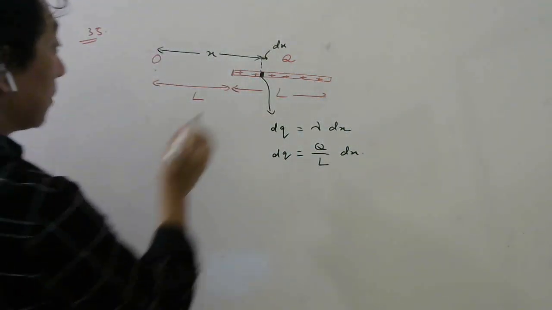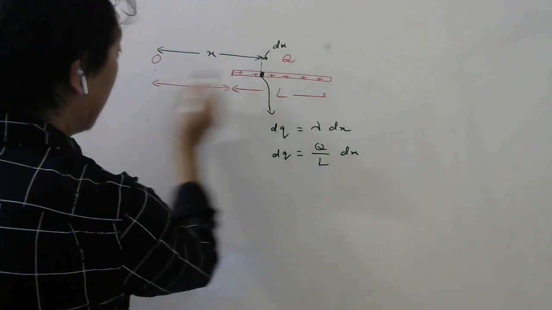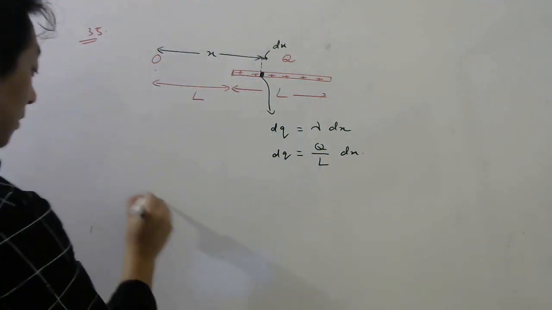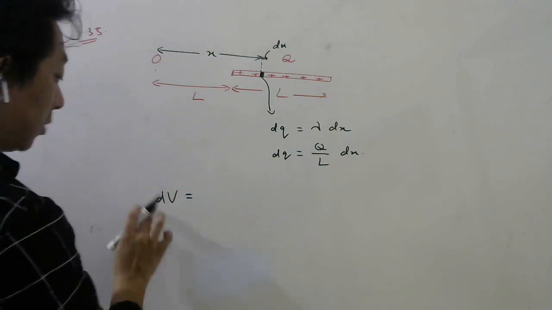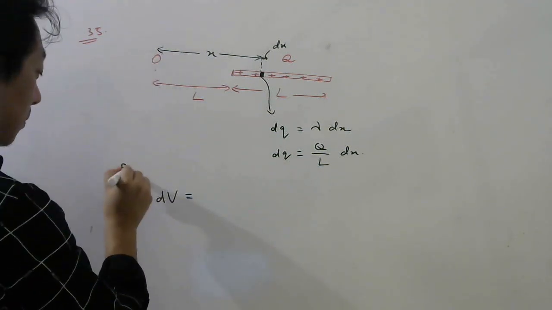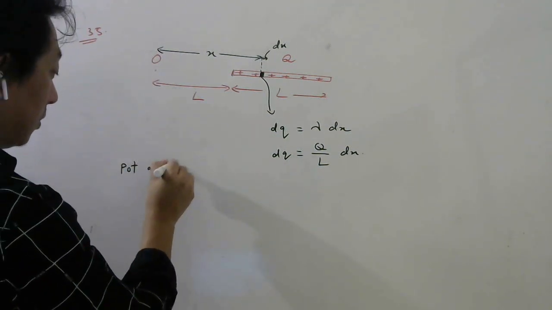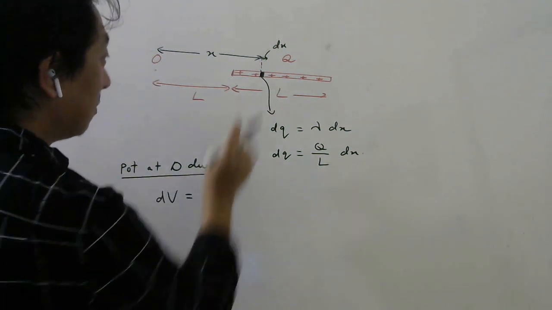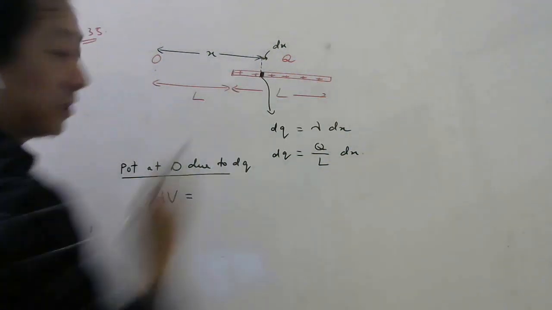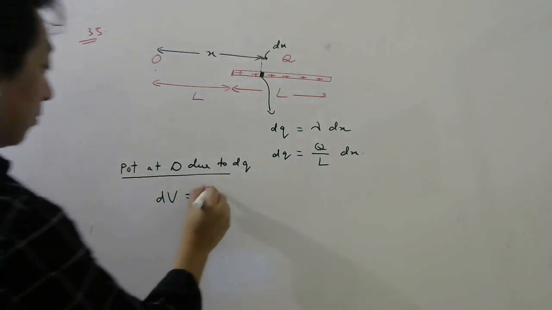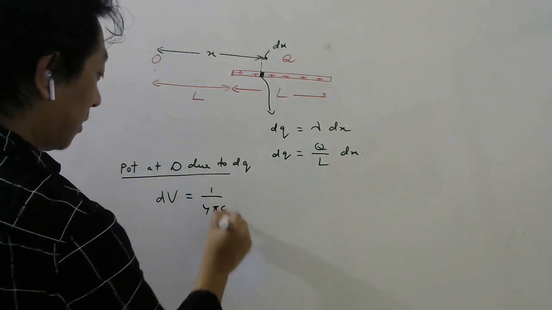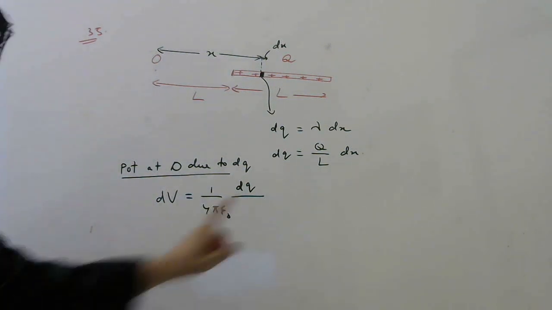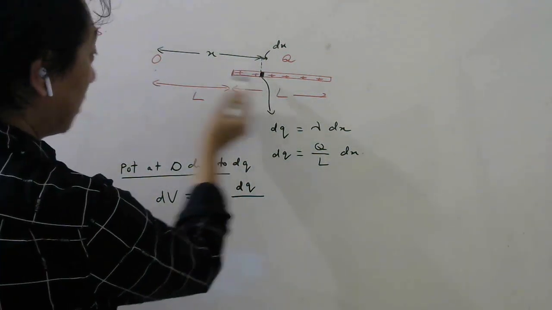So now for this small part, I can find potential here using the formula for point charge. So dV is the potential at O due to dq charge, a small piece of the total charge. That will be 1 by 4 pi epsilon naught dq by x, where x is the distance between the source charge and the observation point.